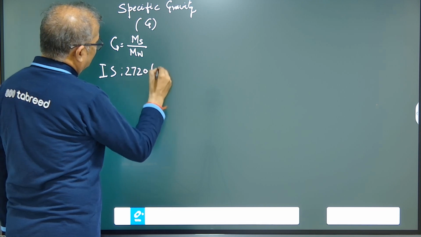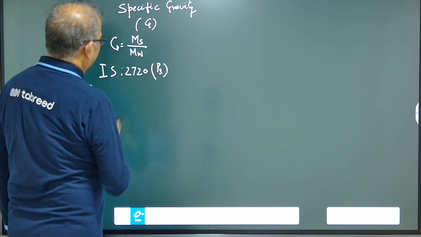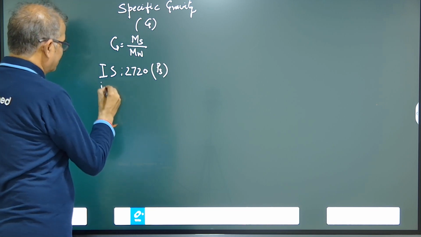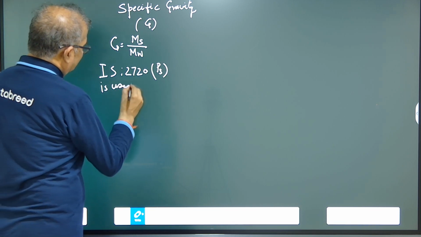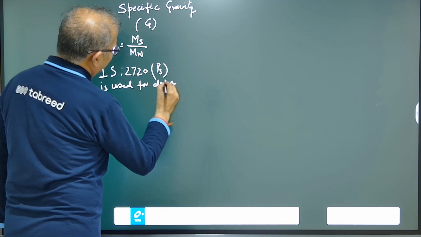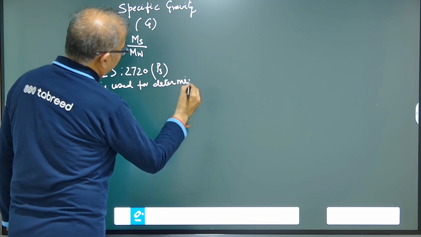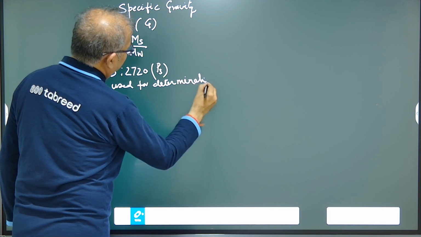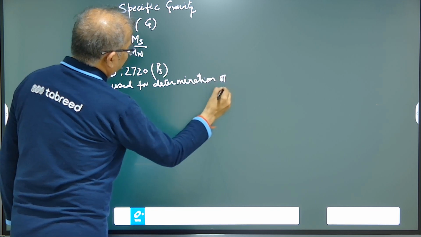So IS 2720 part 3 is used for determination of specific gravity of soil.